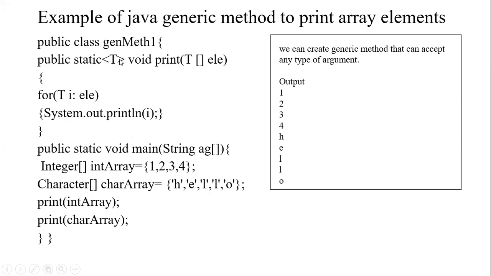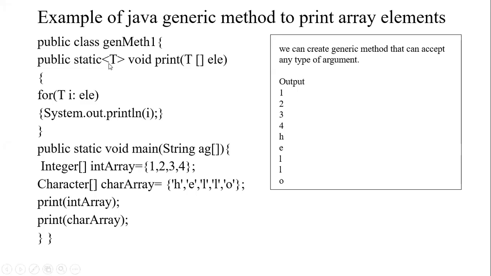Public static T, where T specifies any type, void print of T array. Before, you had an integer array and a character array separately. Now I am saying some T followed by array. I'm least bothered what kind of type you are passing, but all those elements should be of the same type. That is my requirement.